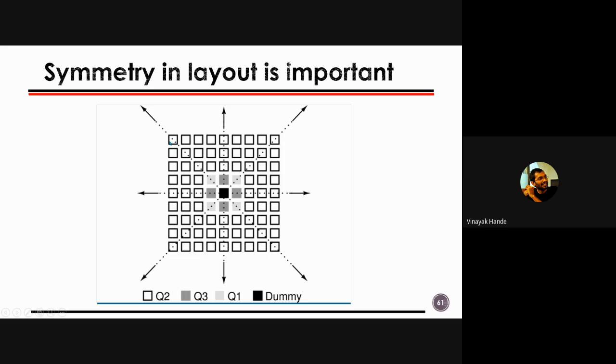If this is one of the transistors, then this transistor will not behave the same as this transistor, right? Why? Because this transistor is surrounded by 8 other transistors, but this corner transistor is only surrounded by 3 transistors, right? And when you do the fabrication process, this transistor's characteristics will be somewhat different compared to this transistor's characteristics, right?